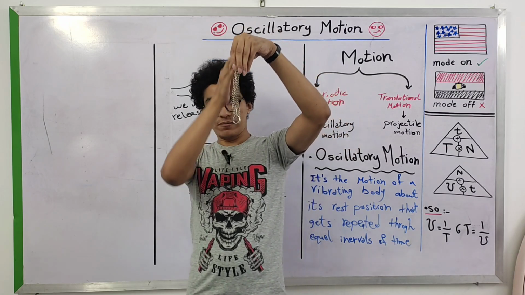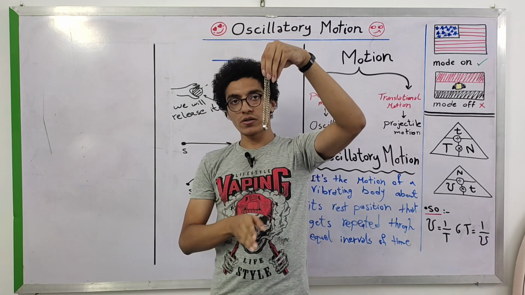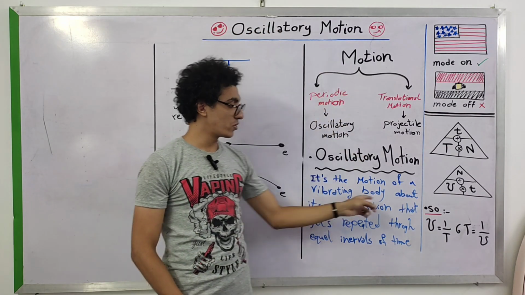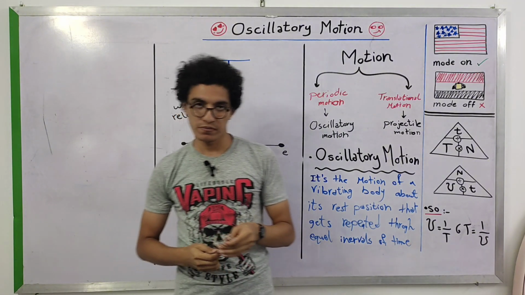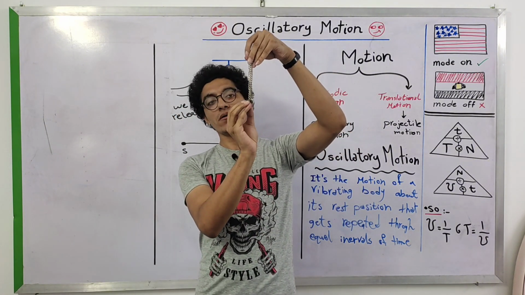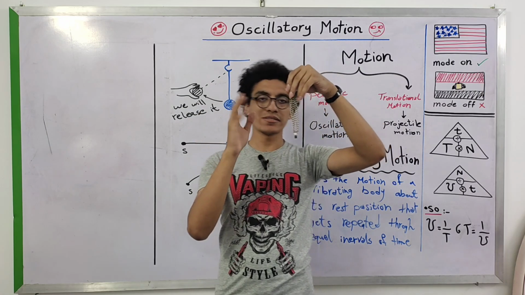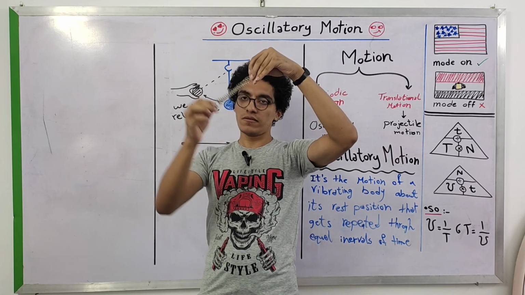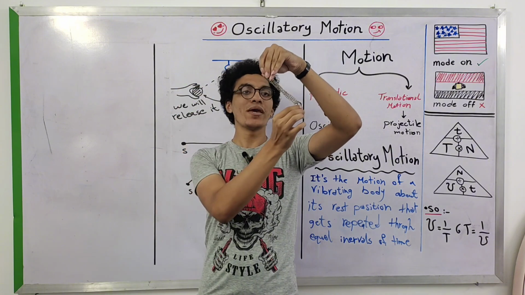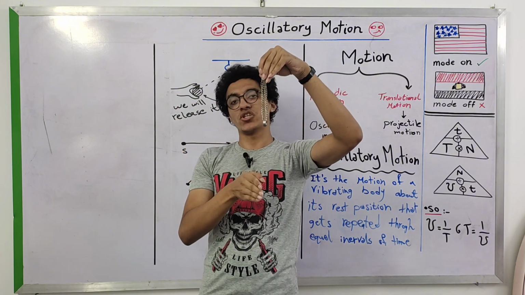This middle position is called what? The rest position, or equilibrium position. This is called the bob, or vibrating body, or even anything. It repeats its motion about the middle position.